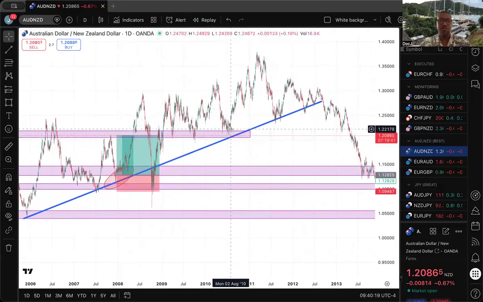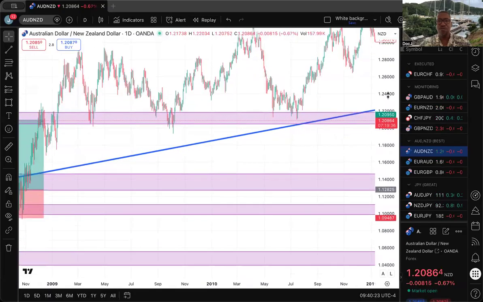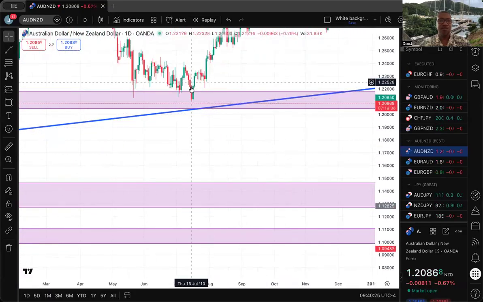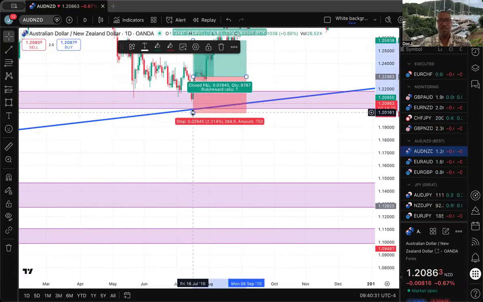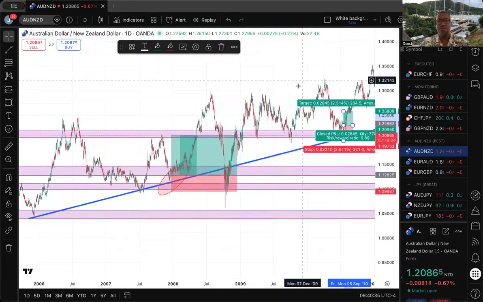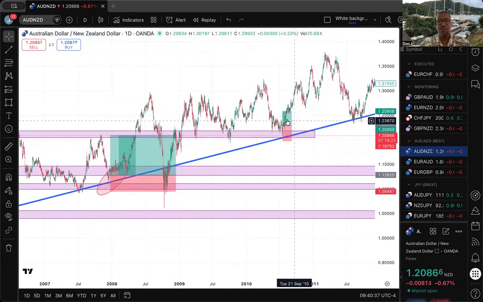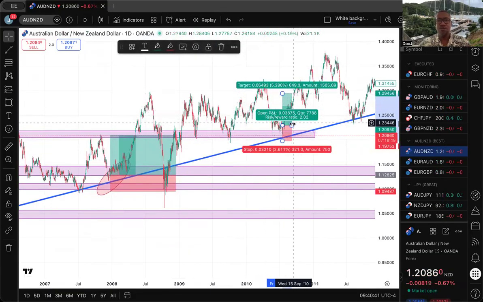And it comes close to the trend line here at this point. Doesn't exactly get to it. But what I would have done is after I've seen price get to that area there, I would have taken a trade like this. And it would have worked out.